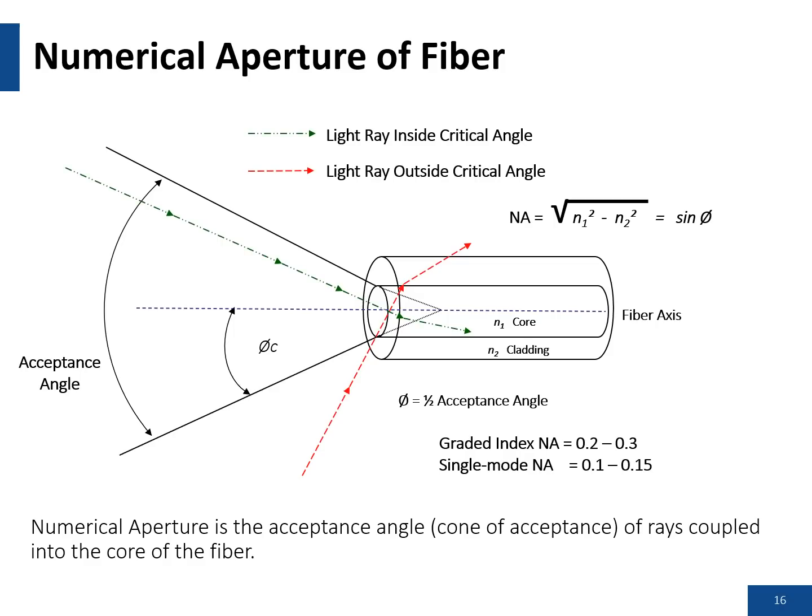So when you apply this to a fiber, if you look at the green ray, it's inside the cone of acceptance, which is the same as the numerical aperture. And total internal reflection is taking place because it's inside that critical angle. The red ray is outside the critical angle, and as it couples into the core, it basically refracts or escapes.